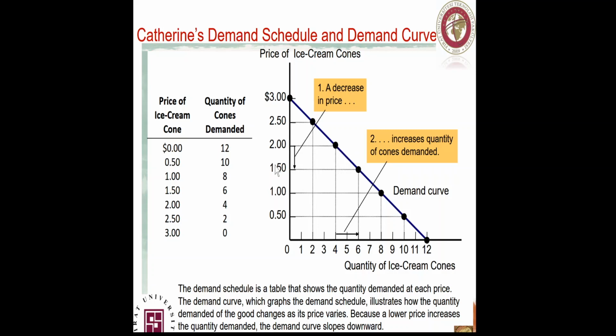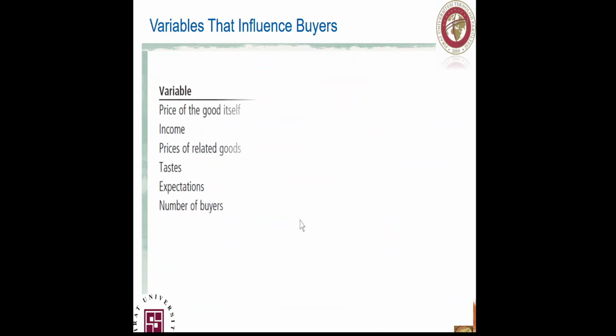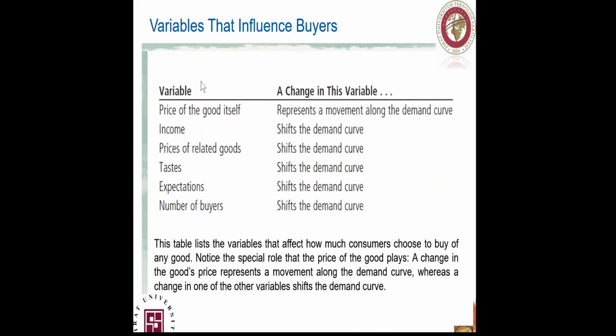If the price drops from 150 to 1, we go downwards on the curve. This is the main difference. So a change in the price of the good itself represents movement along the demand curve, upwards or downwards. If the price is going up, it will go upwards on the demand curve. If the price is decreasing, it will go downward on the curve.